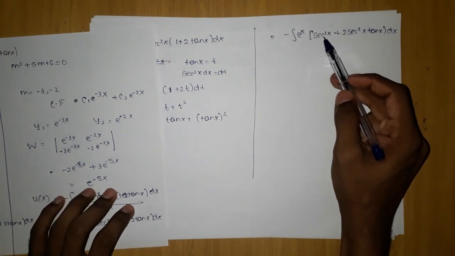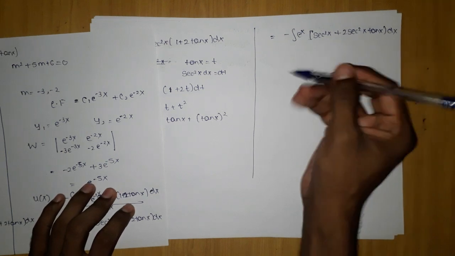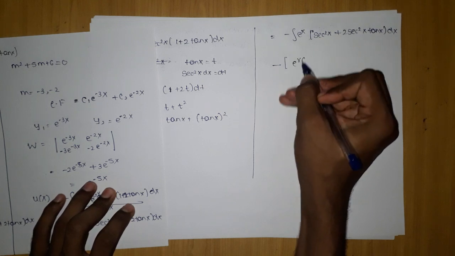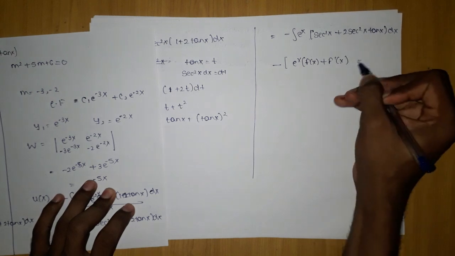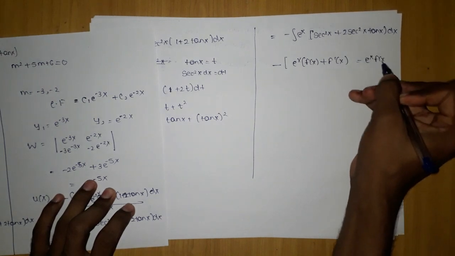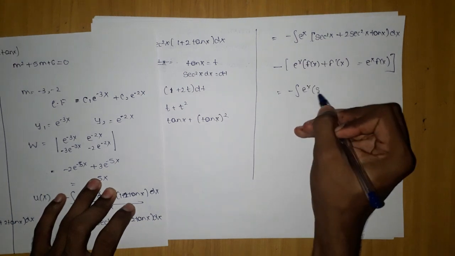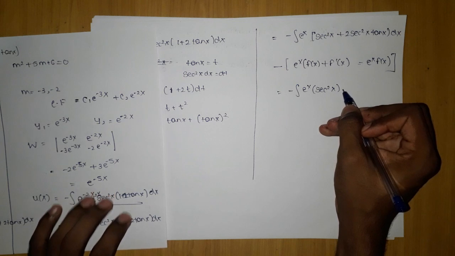So this is our f of x and this is our f dash x, if you observe. In integration there was a formula which used to say integral of e to the power x times f of x plus f dash x gives you nothing but e to the power x into f of x. Remember? So using that formula, we will say e to the power x into sec square x into dx, right?